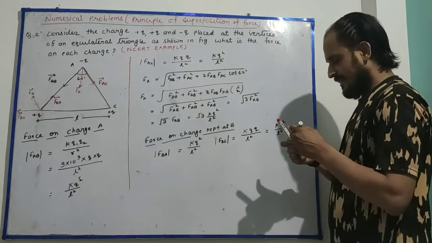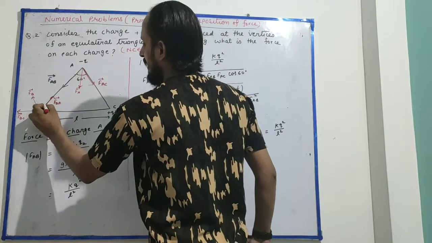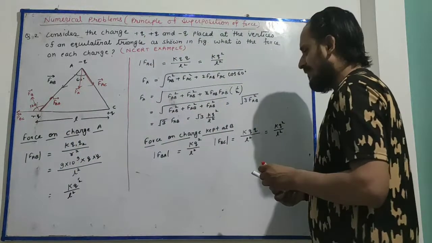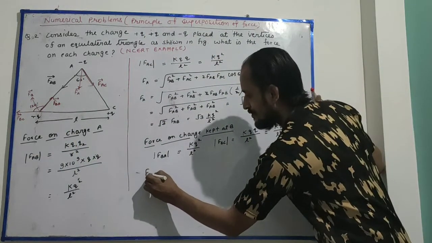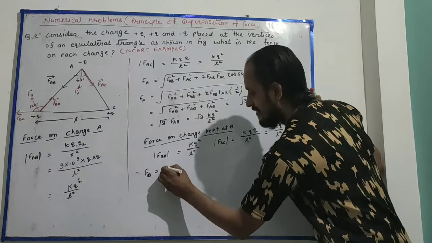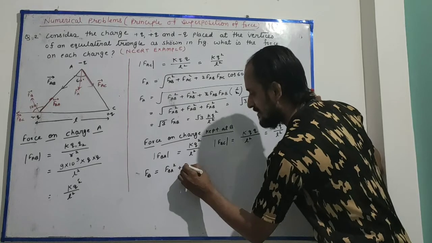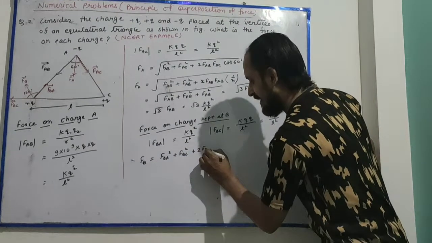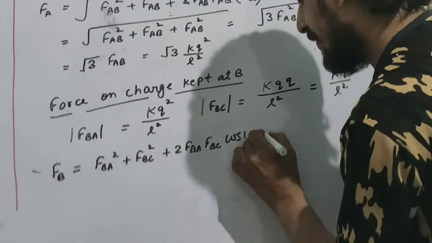But if you see the angle between FBC and FBA, it is 120 degree. So how will you find the resultant force on B? Force on charge B is equal to the square root of FBA square plus FBC square plus 2 FBA FBC cos of 120 degree.